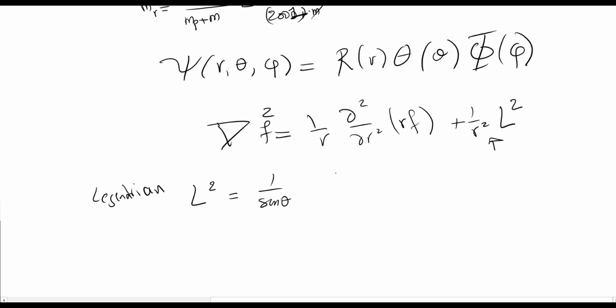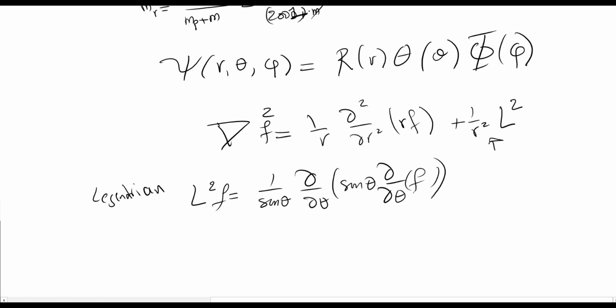This is the other part that needs to be done. The derivative with respect to theta of sine theta, the derivative with respect to theta again of the function f. Oh no, I'm sorry. I'm just writing it without any function here. If you wish, we can reintroduce f in here, and it's going to have this operator applied to it again.